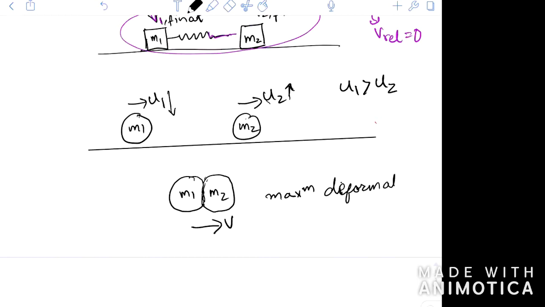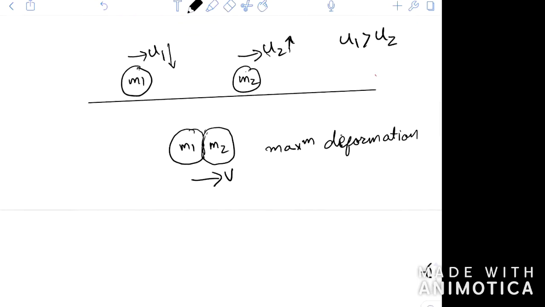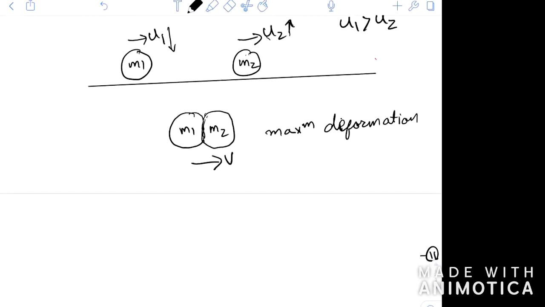Then what happens? The force on m1 continues to act towards the left, the force on m2 continues to act towards the right, and then m1 finally has some velocity v1 and m2 finally has some velocity v2.